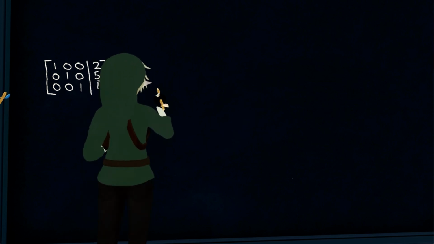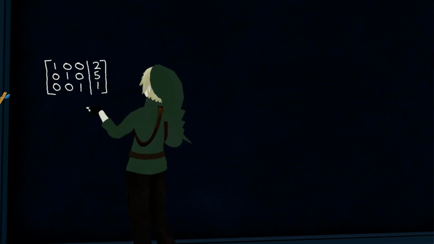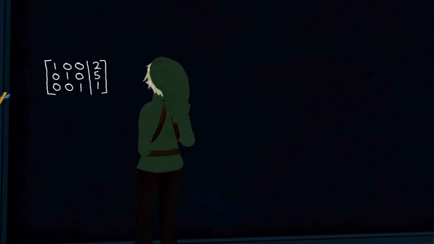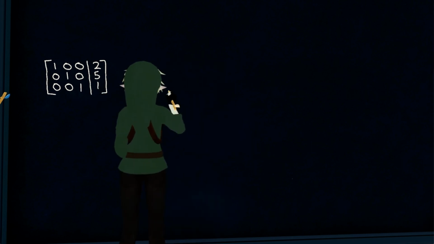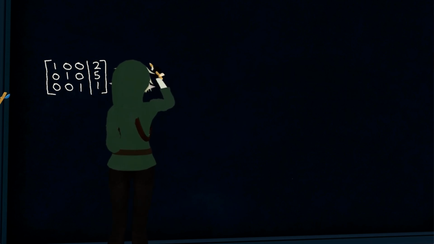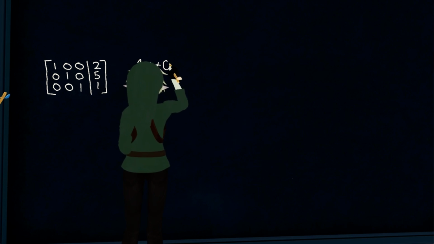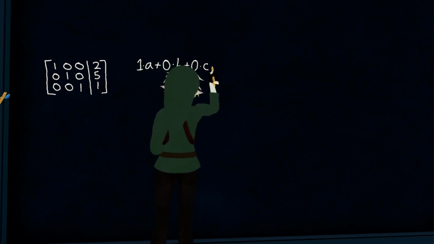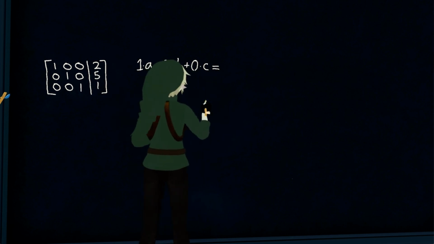Because remember that we had a system of equations. Let me turn it back into a system of equations, shall we? This is 1 times A plus 0 times B plus 0 times C equal to 2.